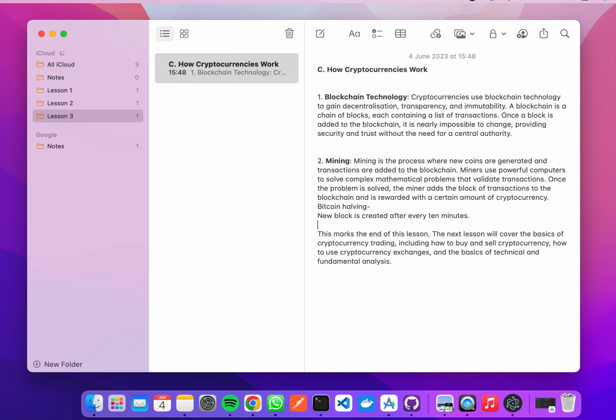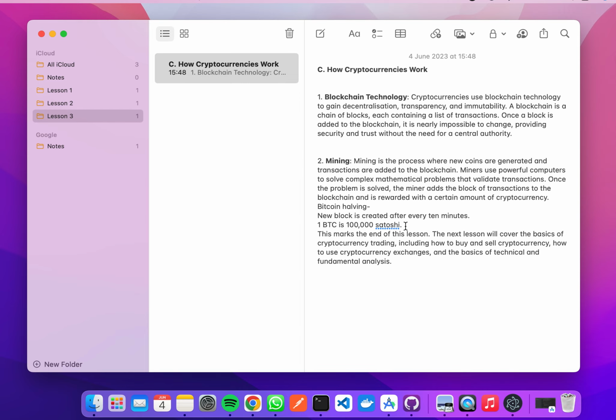Remember one Bitcoin. So for example, one Bitcoin is 100,000 satoshis. Satoshi is the basic unit of Bitcoin.